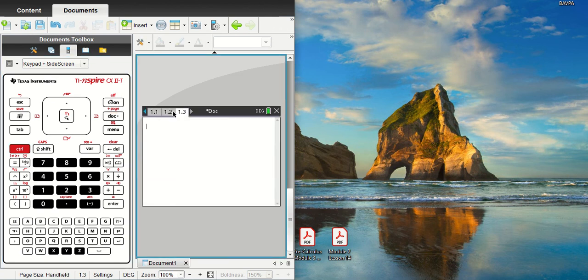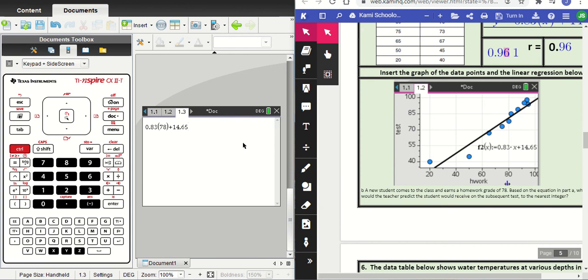And this time I want a calculator page. So I take this equation, I put it in my graphing calculator, but instead of an X, I'm going to put in the 78 that the student got on the homework grade and determine I would expect that student to get a 79.90 as their test grade.